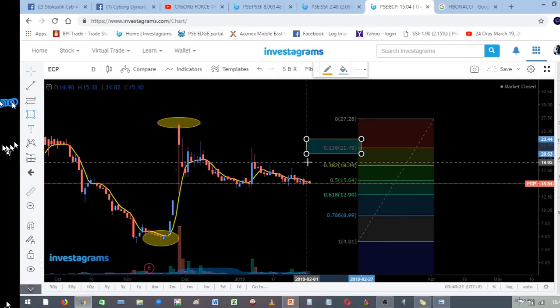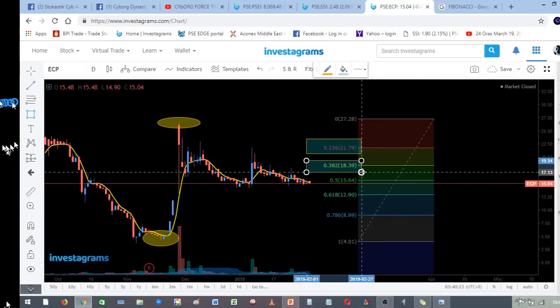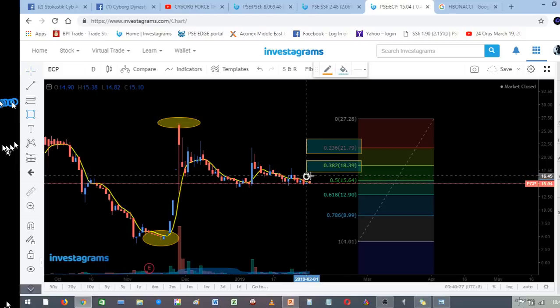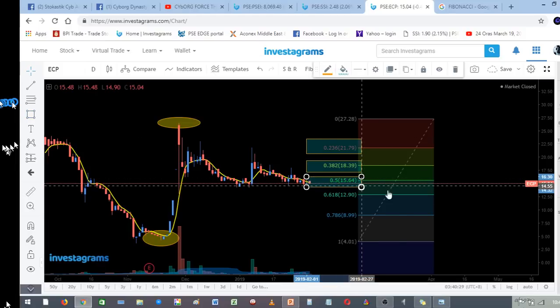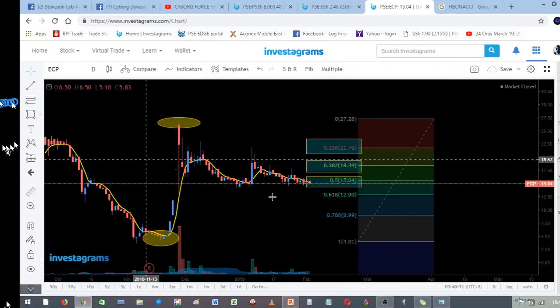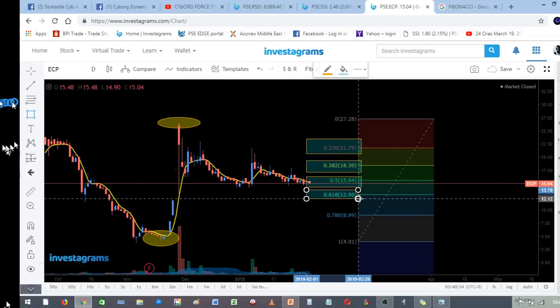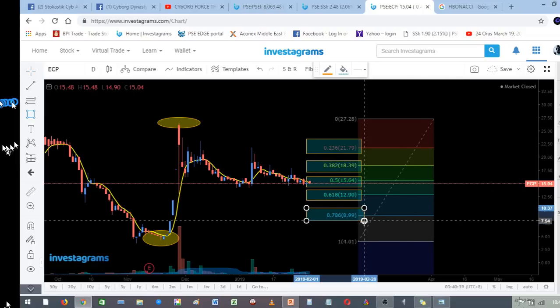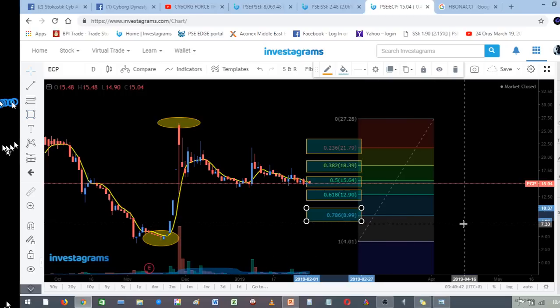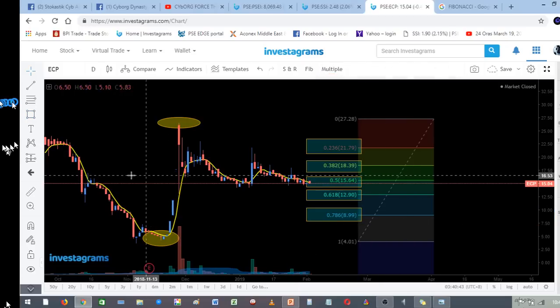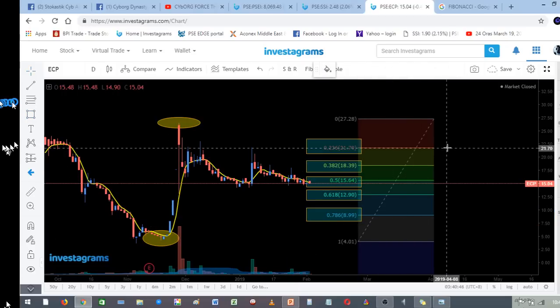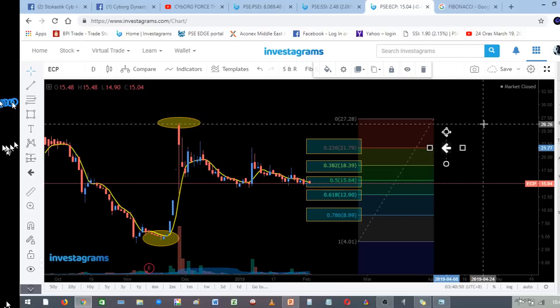And the next level is 38.2%. And the next level is 50%. And the next level is 61.8%. The next level is 78.6% level. So those levels are now your support and resistance.